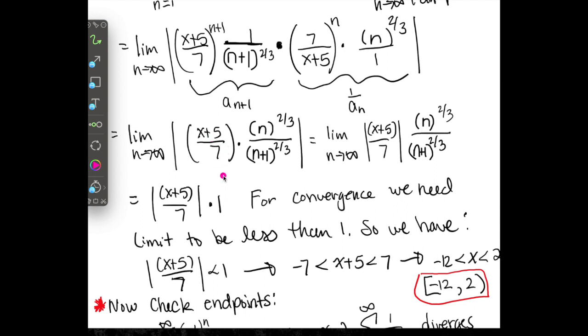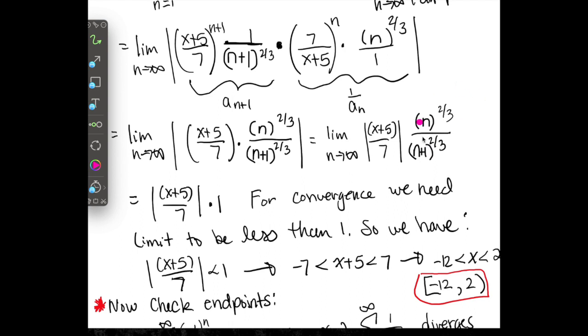Now, there really isn't anything I can do with these because they have different bases, so I'm just going to carry those down. This term right here, since it doesn't have any n's in it, I can pull it outside, and I don't need to put absolute values around this term here because n is going to be 1, 2, 3, 4, 5 in the positive direction.